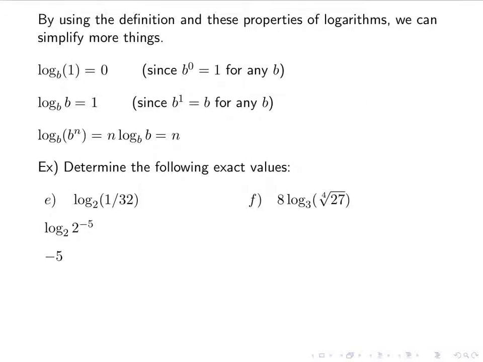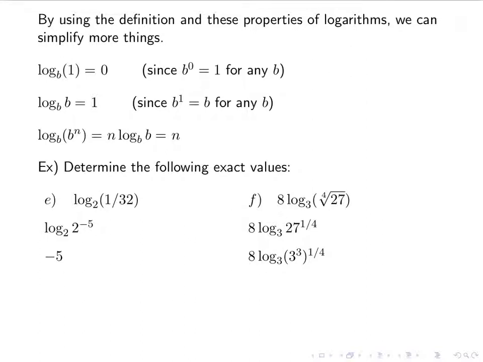For f, we have 8 times log base 3 of the 4th root of 27. So I'm going to first rewrite what the 4th root means. And it's 8 log base 3 of 27 to the 1/4. And then I look at my base, which is 3 of my logarithm, and the base of my exponent, which is 27. And I ask myself, can I write 27 as a power of 3? Yes, I can.